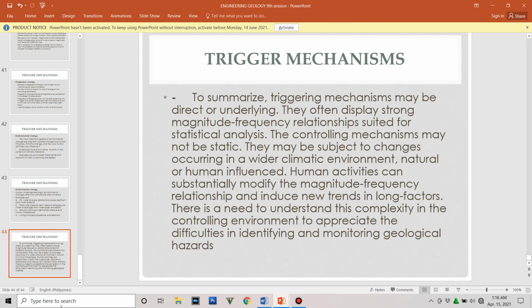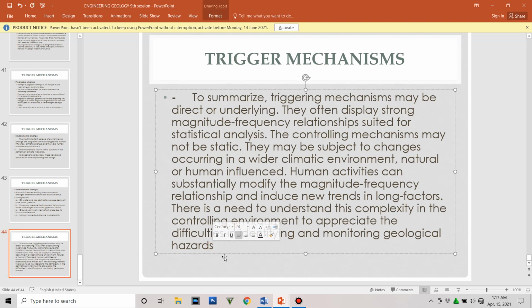Human activities can substantially modify the magnitude-frequency relationship and induce new trends in long factors. There is a need to understand this complexity in the controlling environment to appreciate the difficulties in identifying and monitoring geological hazards.